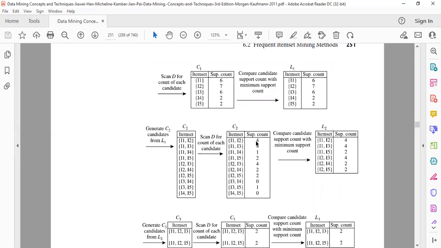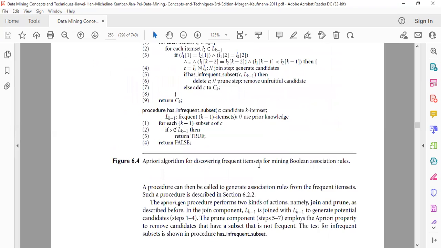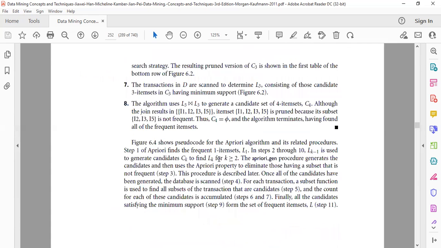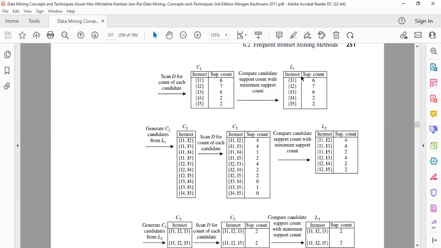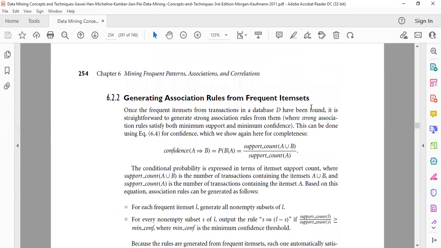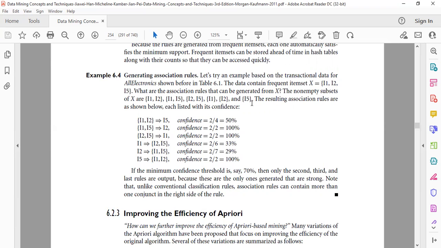I1, I5 is 2, I2, I5 is 2. And the support counts of I1, I2 and I5 are 6, 7 and 2. So we have substituted those values over here and find out the confidence.